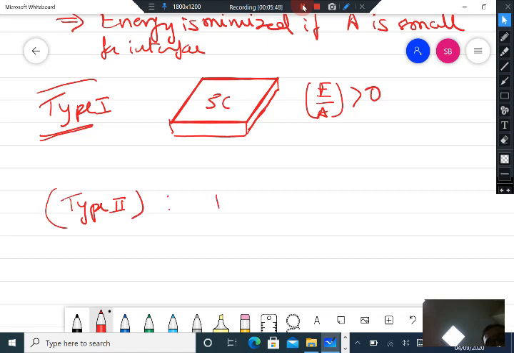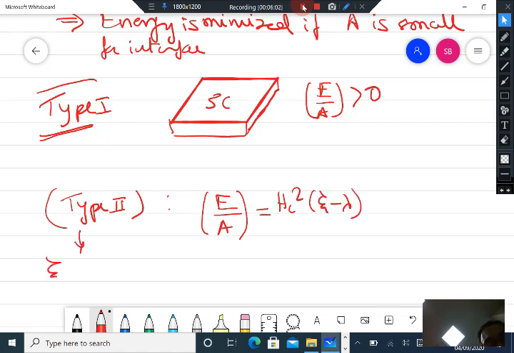And in type 2 superconductors, if you look at the energy per unit cross-sectional area of the interface, per unit surface area of the interface, this is Hc squared by xi minus lambda. And in type 2 superconductors, xi is less than lambda.